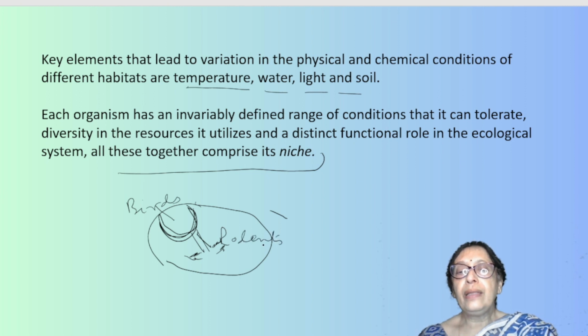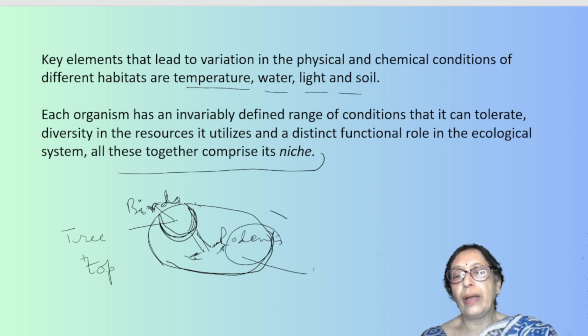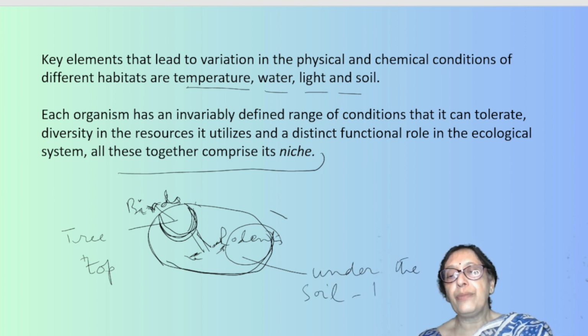So in the same environment, the defined range of conditions varies, and they have a defined range of area where they thrive best, and functionally what they are doing is also important. All their functions and physiology depend upon their niche. So the birds have their niche on the tree top, and the rodents have their niche under the soil, because they are burrowing animals, under the same tree.